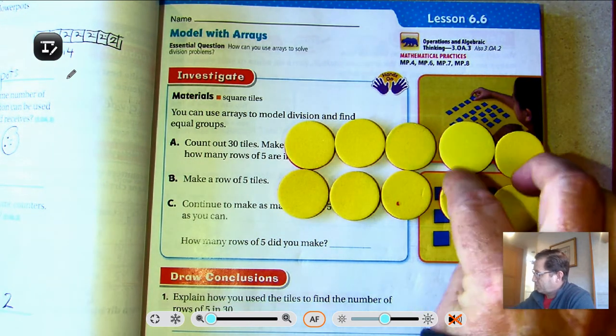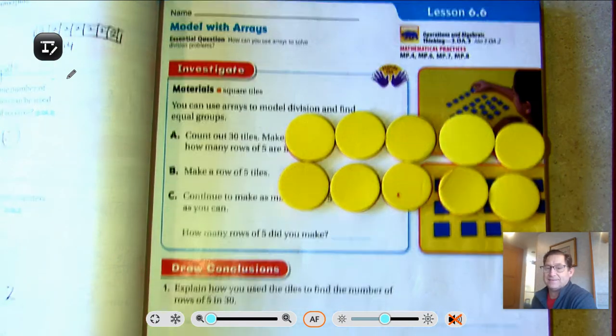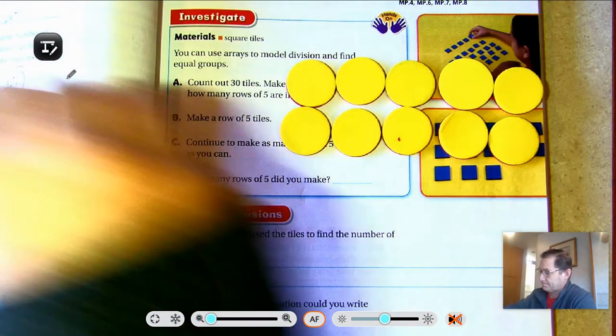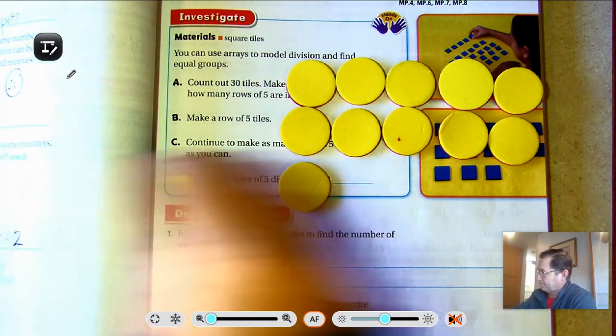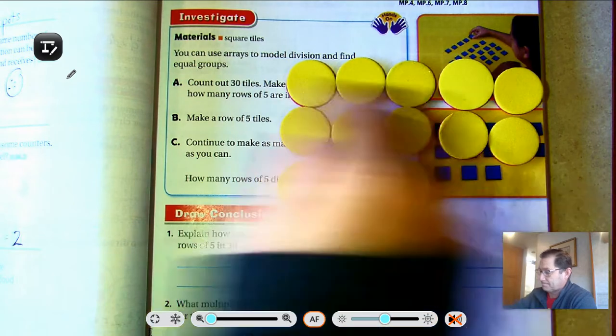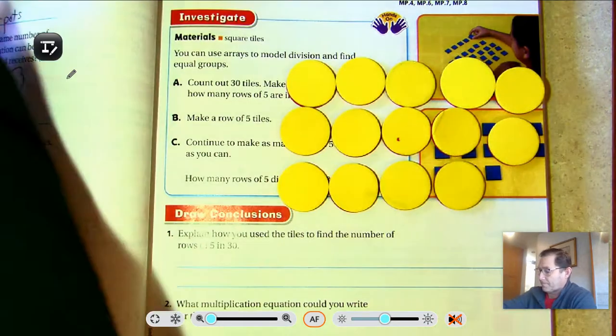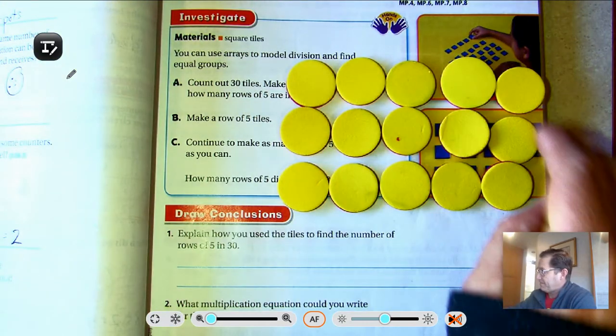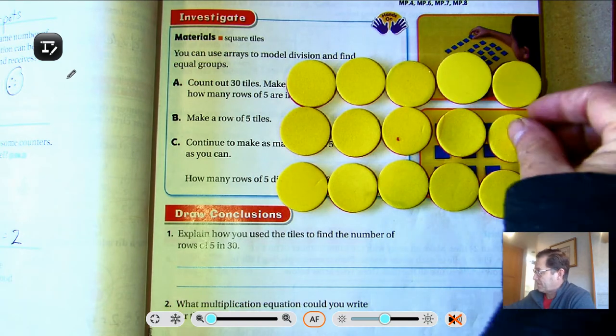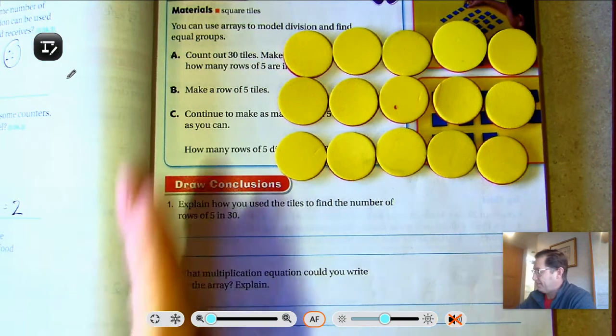All right, so that's 2 rows of 5. We're at 10. Three rows of 5, 15.